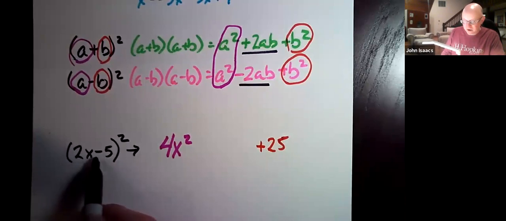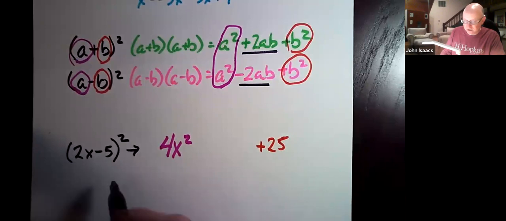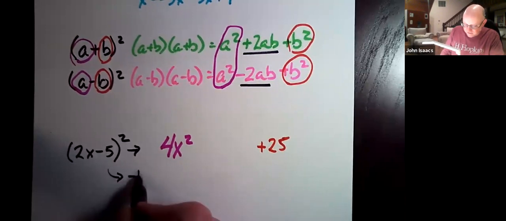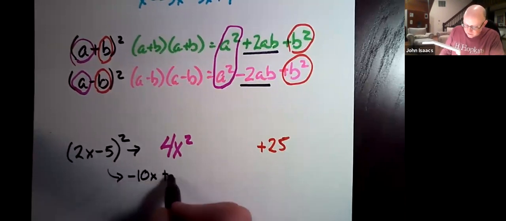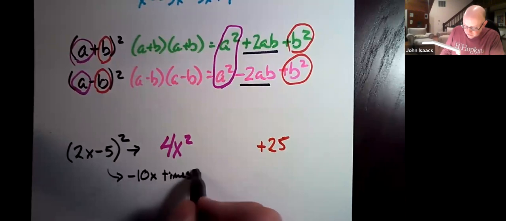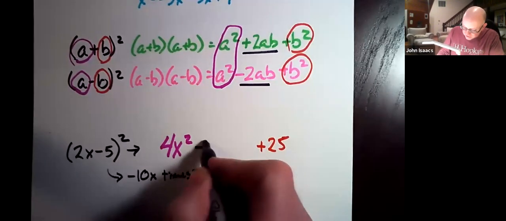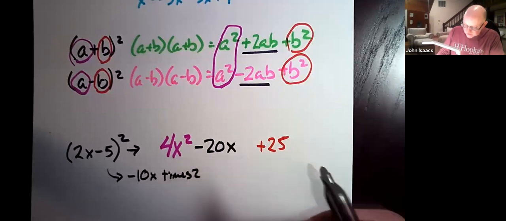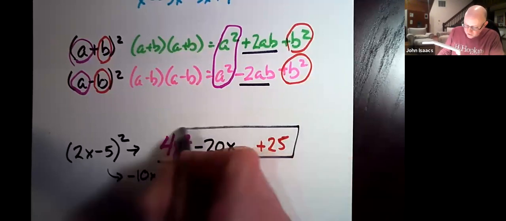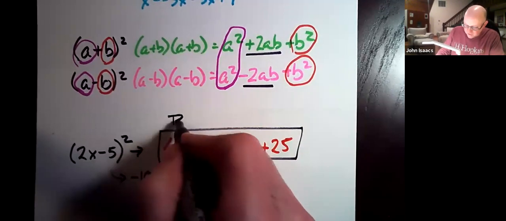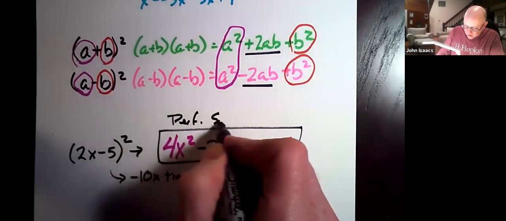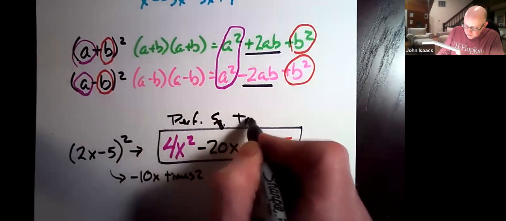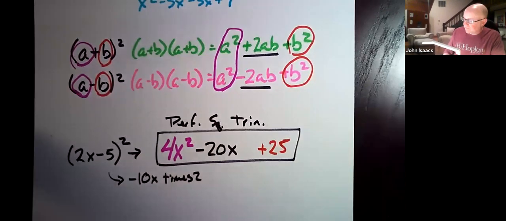So negative 5 times 2x is negative 10x. Negative 10x times 2 becomes minus 20x. And this also is a perfect square trinomial.